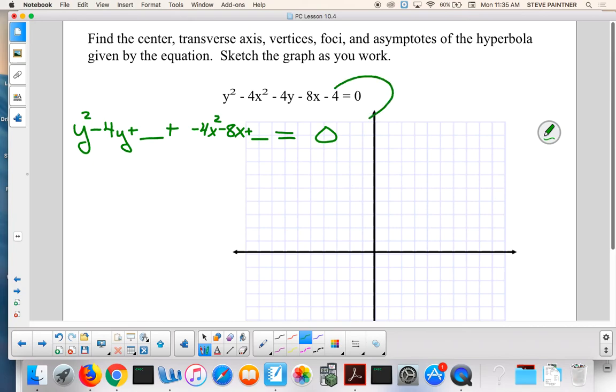I'm going to move the 4 over here and call it 4. Okay. So it's kind of like saying this group plus this group, right? So now complete the square.